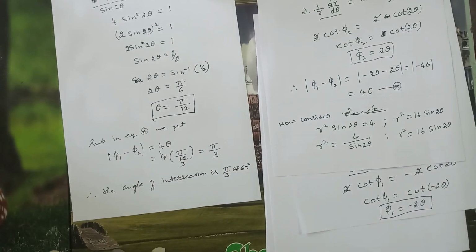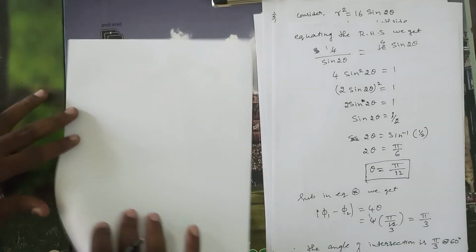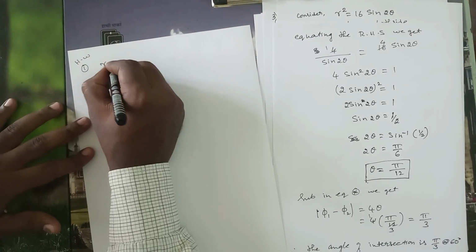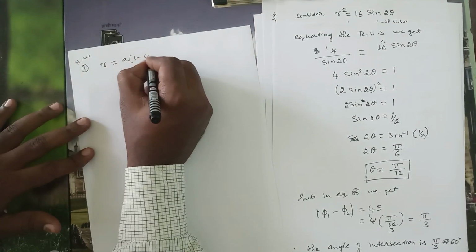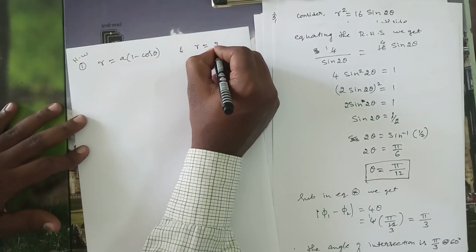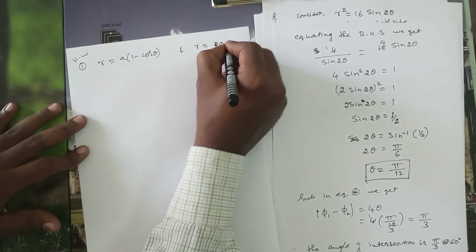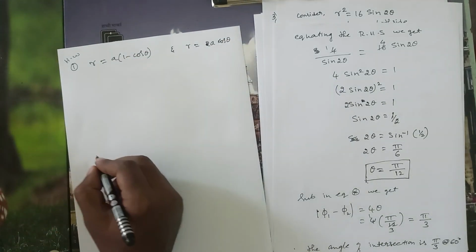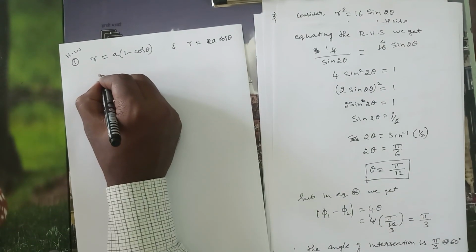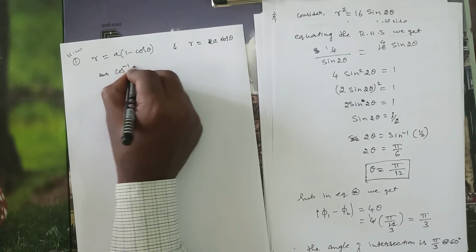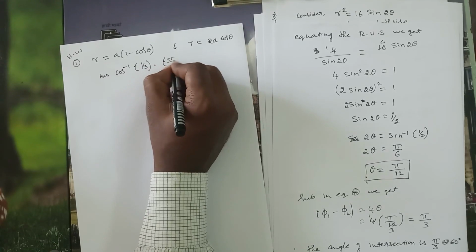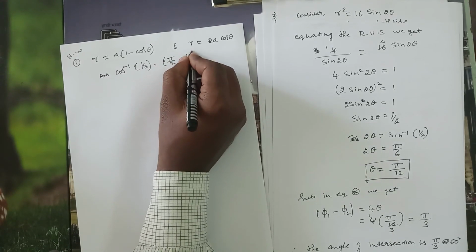Okay, so take up the homework problems here. First one: r equals a into 1 minus cos theta, and r equals 2a into cos theta. So here the answer is cos inverse of 1 by 3 into pi by 2 plus 1 by 2.